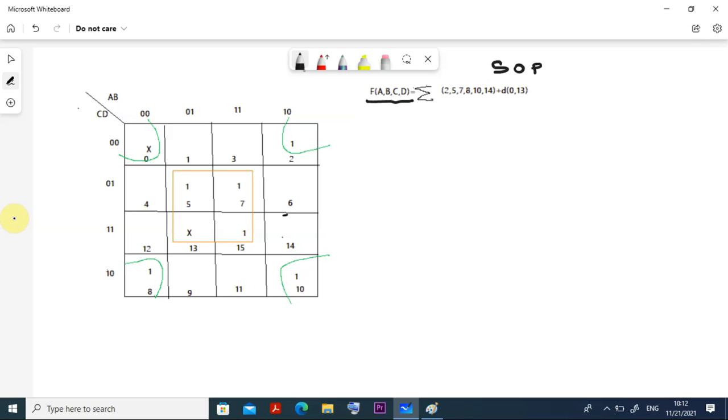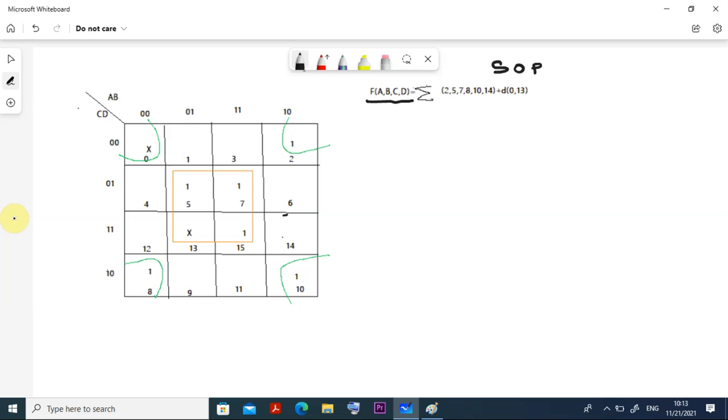In this sum of product we are having 4 variables, that is a, b, c, d. I have taken a, b here and c, d here. The values are 2, 5, 7, 8, 10 and 14.